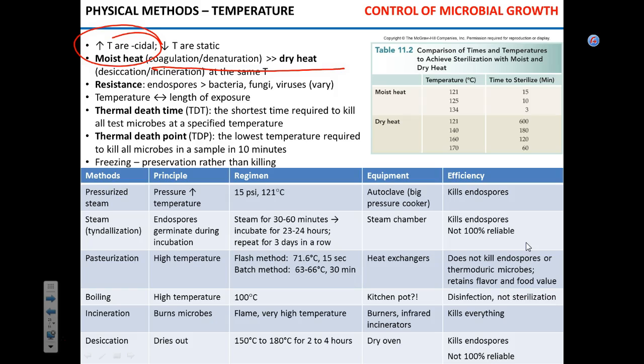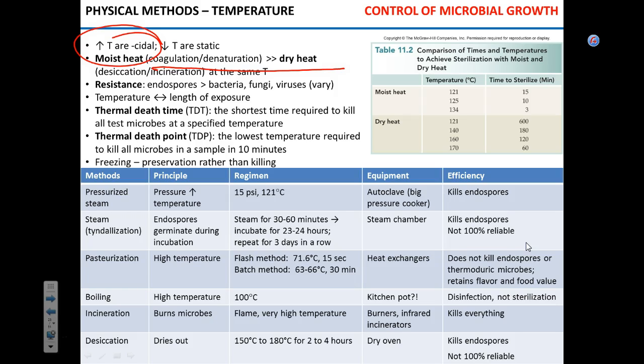The points of consideration. Yes, the points of consideration. Which parameter is going to be smaller for moist heat than for dry heat? It's like written in bold there, I think. No? Two slides back. Huh? The D value, exactly, the decimal reduction time.